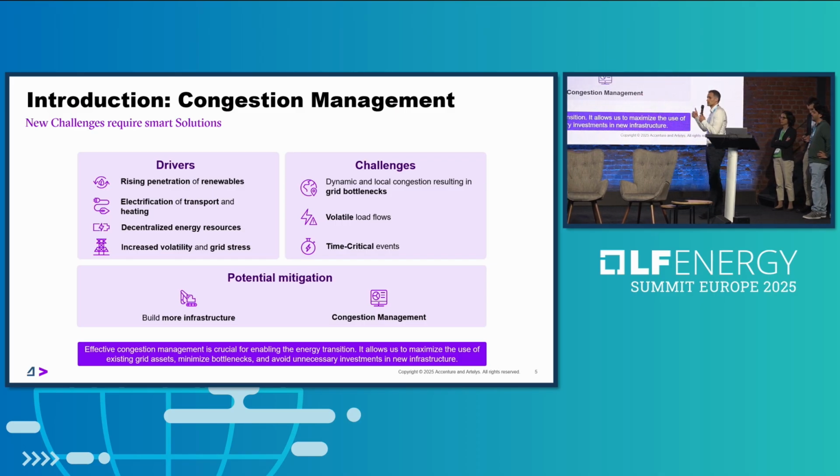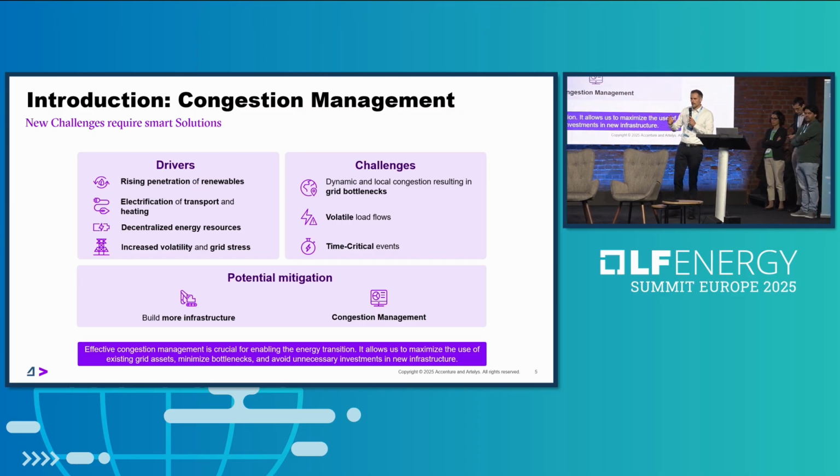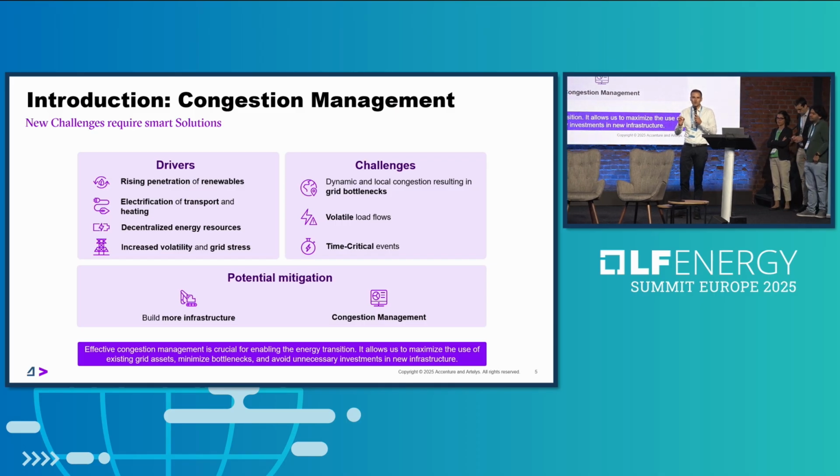Why? Well, because there are more and more bottlenecks in the grid, because the capacity is not enough. We see that the load flows are becoming more volatile. And also the events that happen need quick responses from the grid operators.